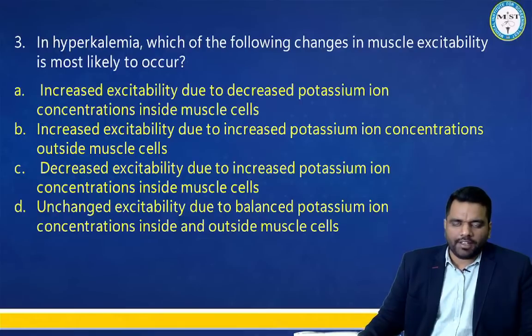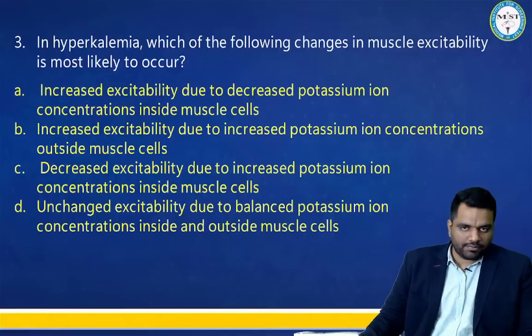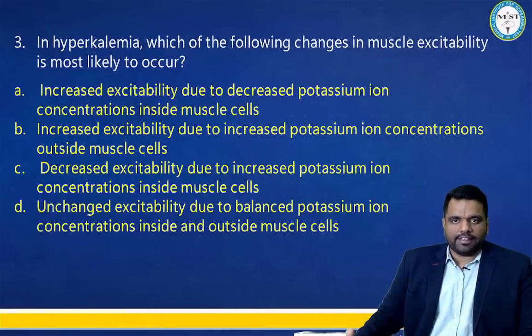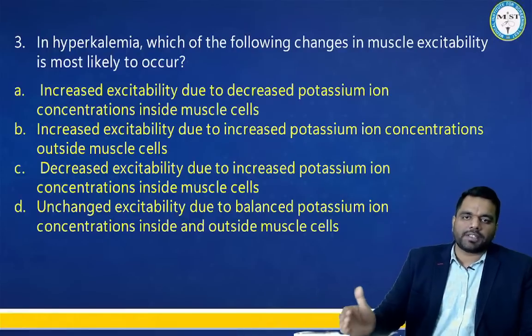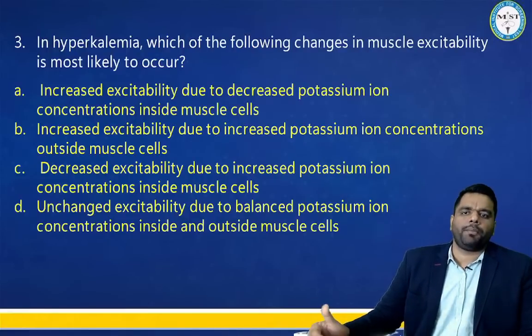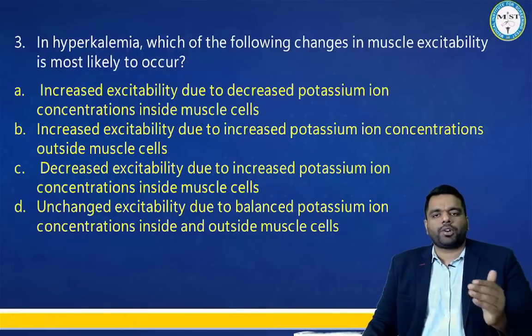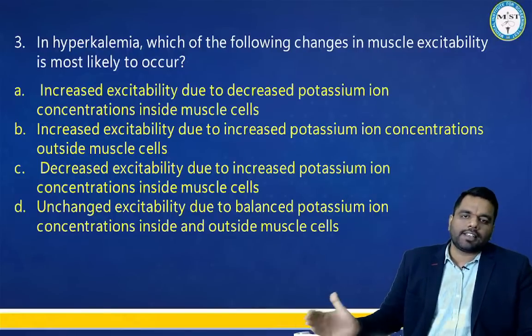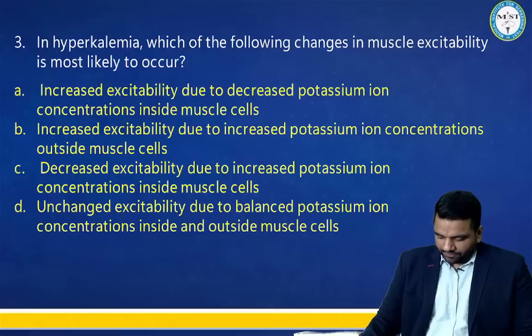Option B, increased excitability due to increased potassium ion concentration outside the muscle cell. Option C, decreased excitability due to increased potassium ion concentration inside the muscle cell. Or option D, unchanged excitability due to balanced potassium ion concentration inside and outside of the muscle cell. Please answer question number 3.